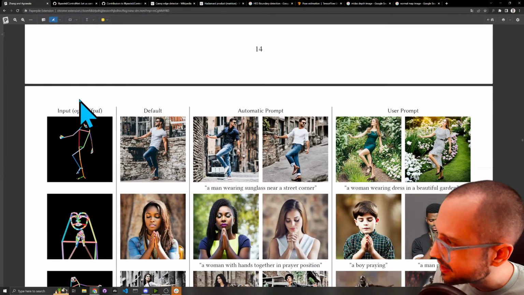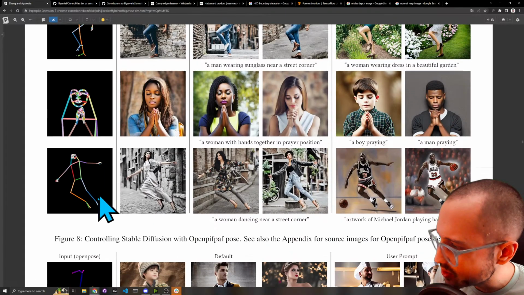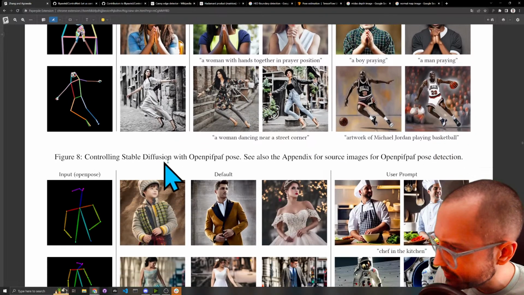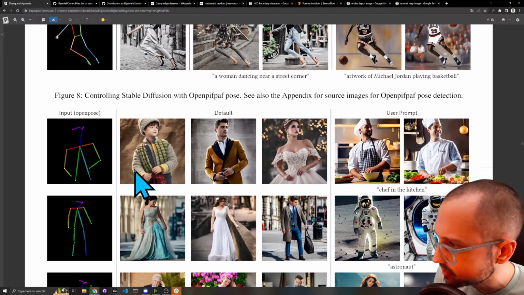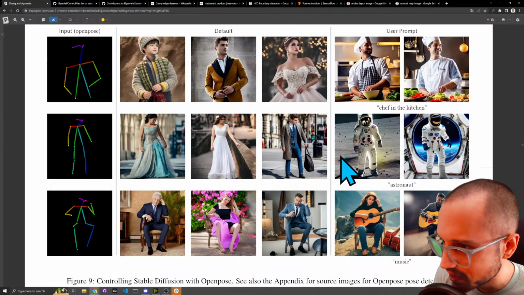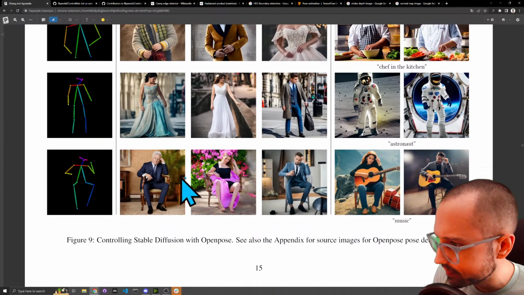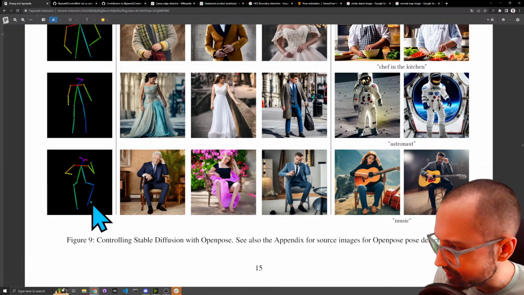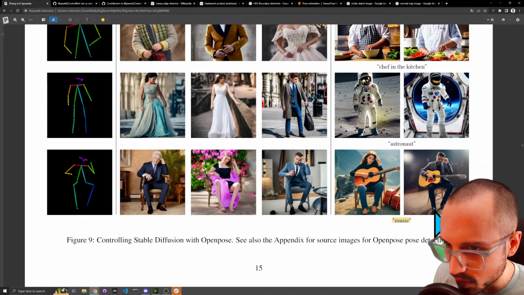Pose model. This is revolution. Look at how here, adding the word music, it adds the guitar.